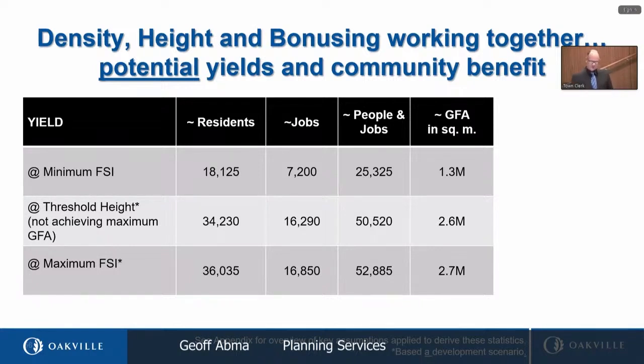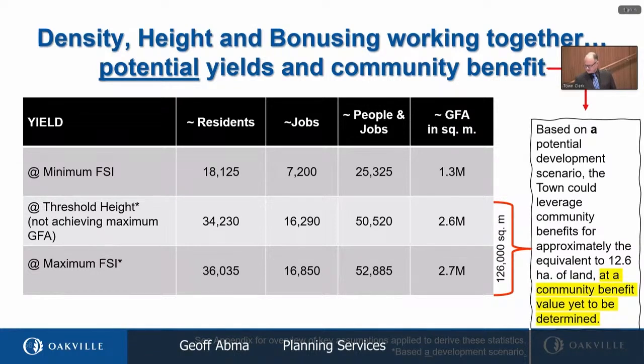So then, of course, that begs the question, what if nobody took advantage of this threshold and went above the threshold? If everybody developed as high as they could up to that threshold height, what would we get? We estimate that would be about 50,500 people and jobs in Midtown. So there's a difference there of about 126,000 square meters.